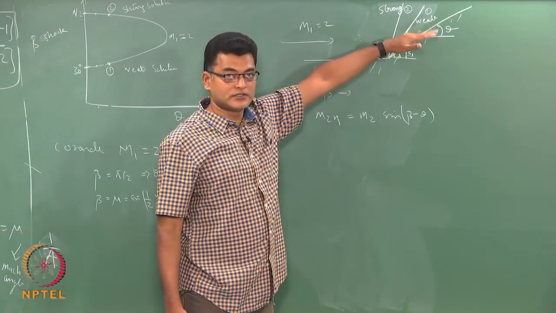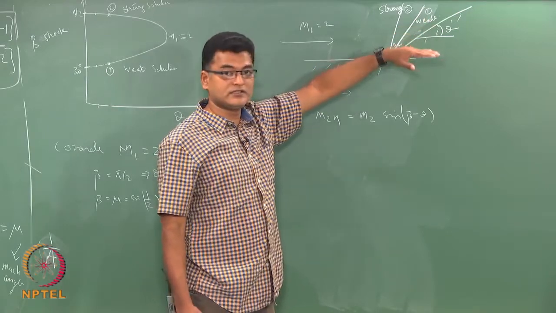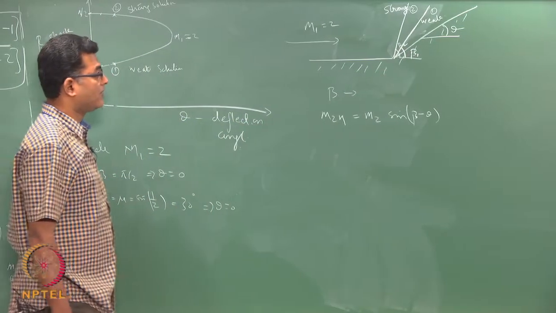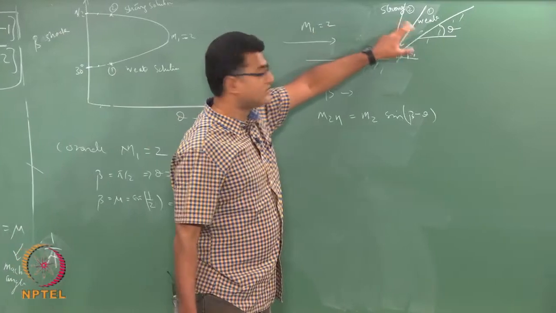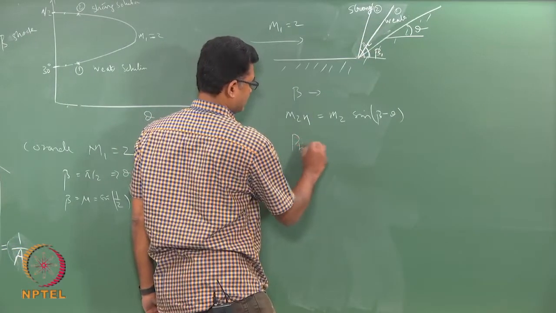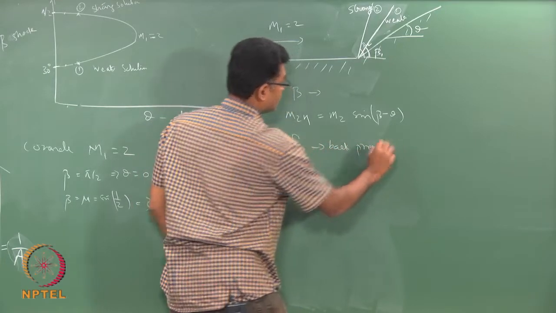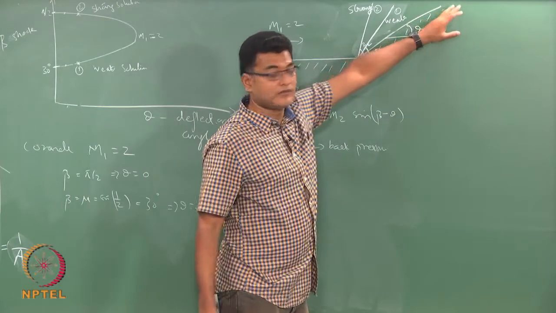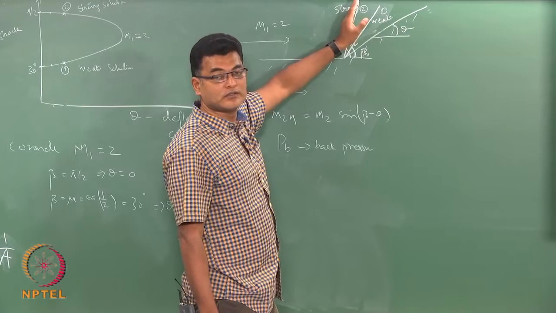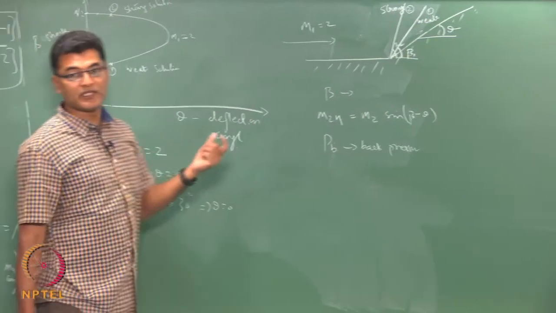In a weak shock, the Mach number after the shock can be supersonic. It is supersonic. So, which one is selected depends on the so called back pressure. So, the pressure available here will decide whether the shock should be weak or strong. Okay. So, depending on the back pressure, one of these solutions would be picked by the flow.